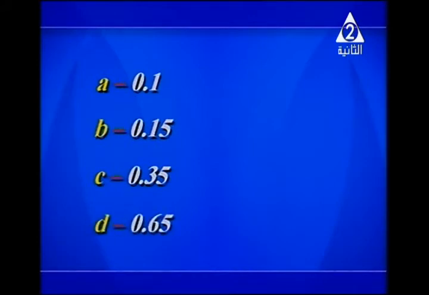Number A 0.1, number B 0.15, number C 0.35, number D 0.65. The answer is 0.35, letter C. Why? Look at the solution.